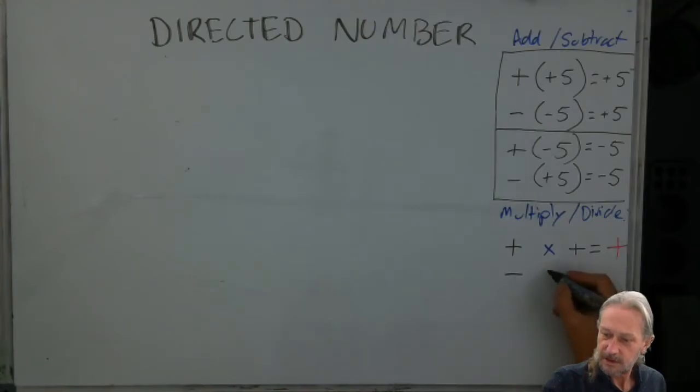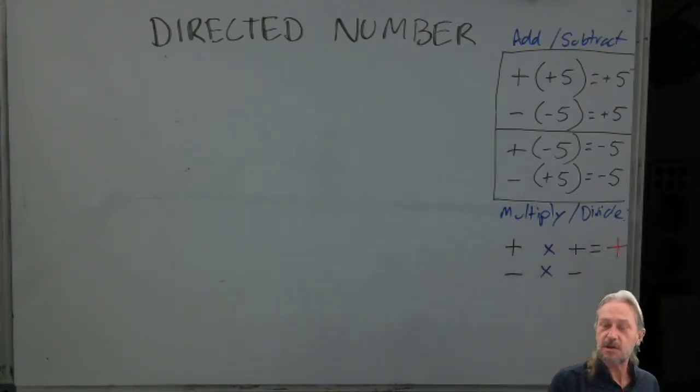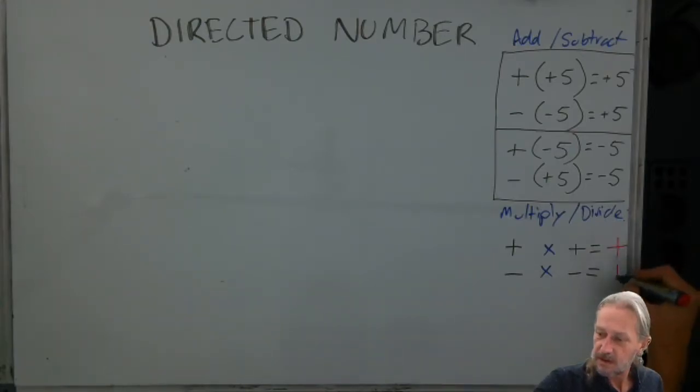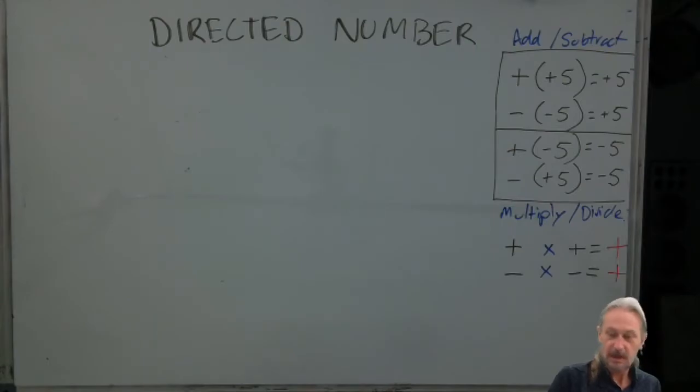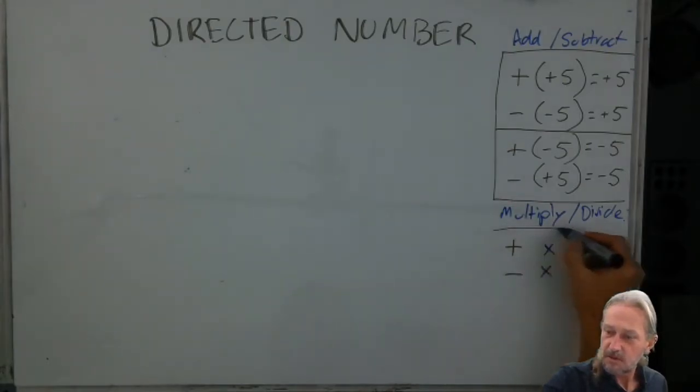Let's put the multiply in there. So this goes for divide as well. I'm just using multiply. It sort of works out the same. We also get a positive. Let's just put a little box around that.